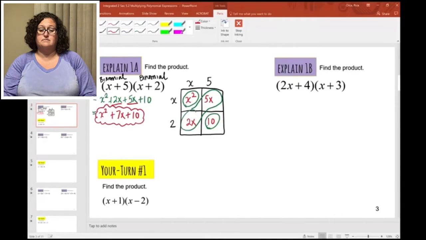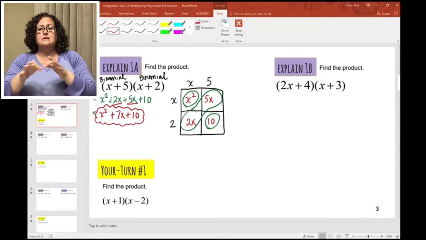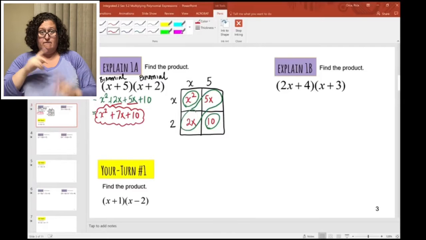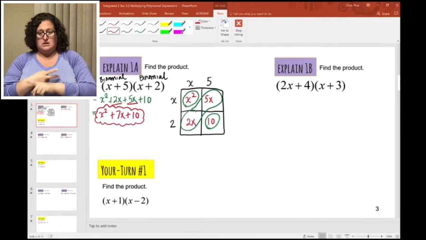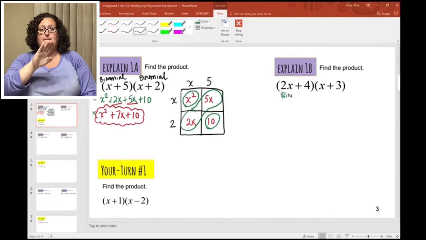Let's look at another problem. In explain 1b, we have 2x plus 4 times x plus 3. Once again, we're multiplying a binomial to another binomial.